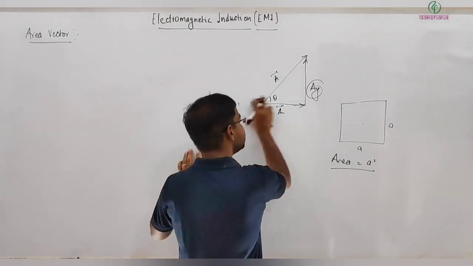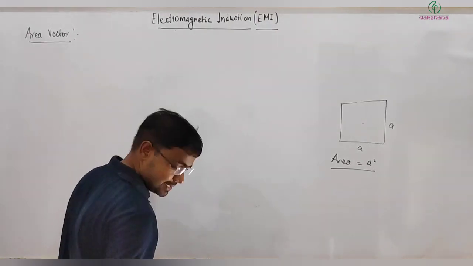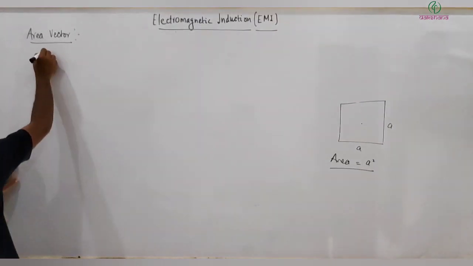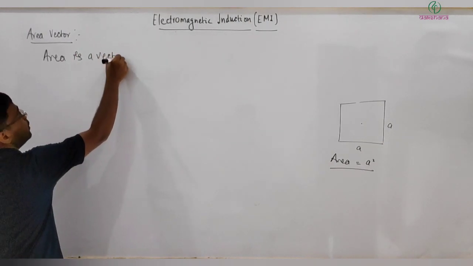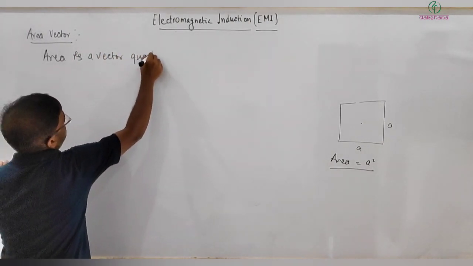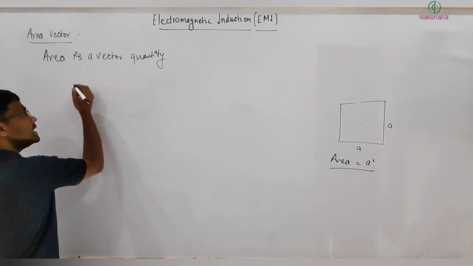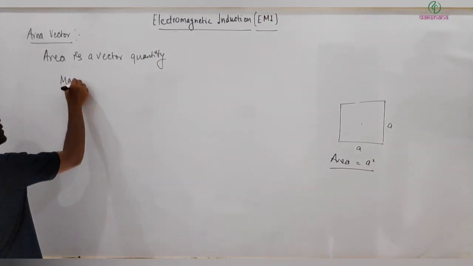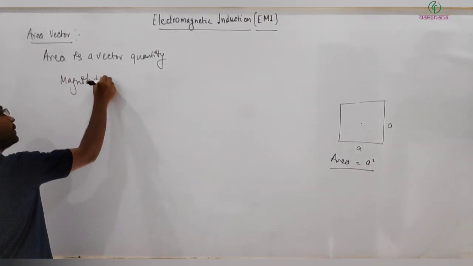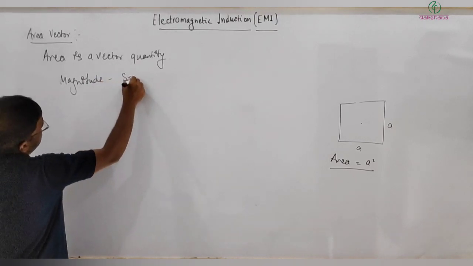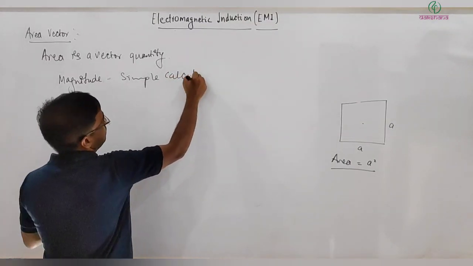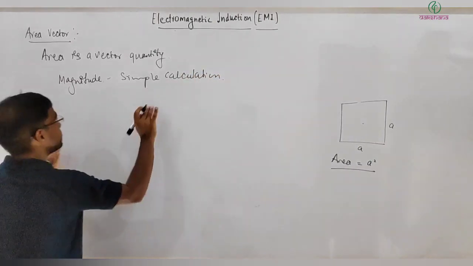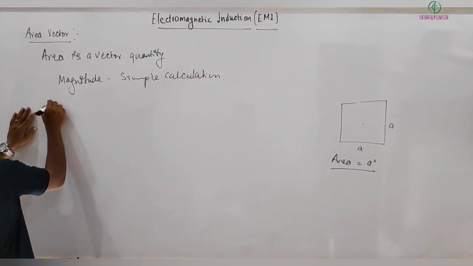So the first thing is, yes, area is a vector quantity. Magnitude you already know, it is a simple calculation, and you are already aware of that. Yes, direction.